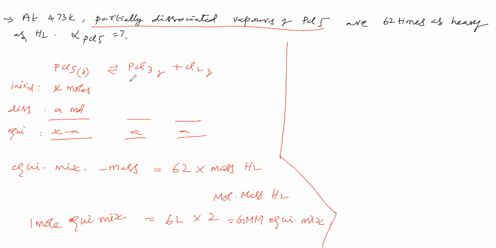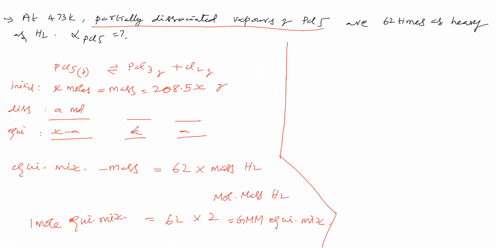Here we will see this is x moles of PCl5, which means this mass is equal to 208.5 into x gram. Therefore, this equilibrium mixture, how many moles?